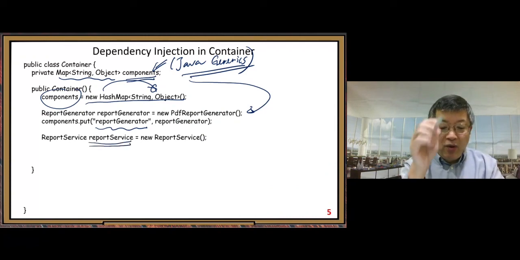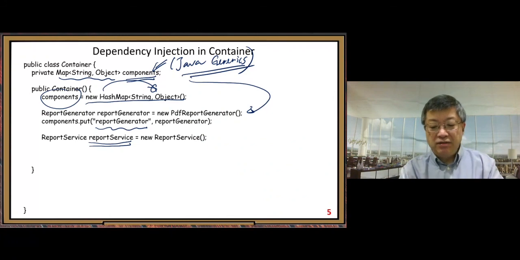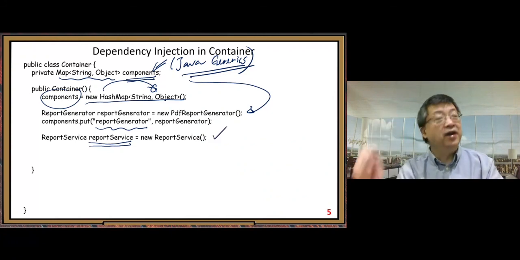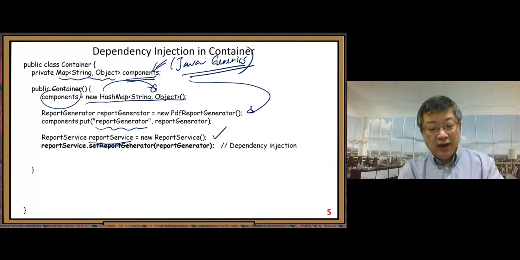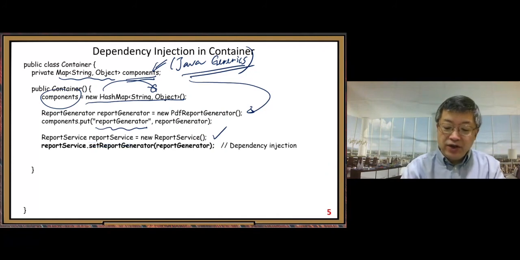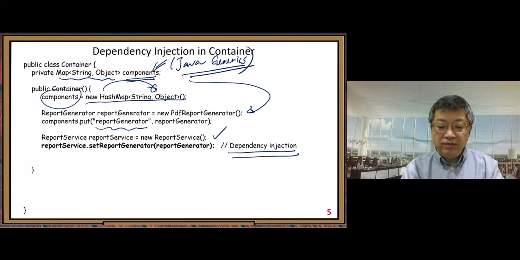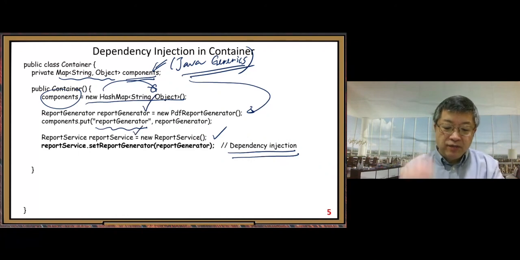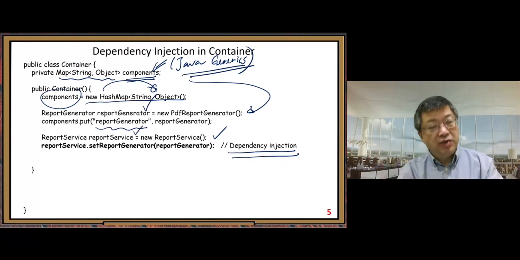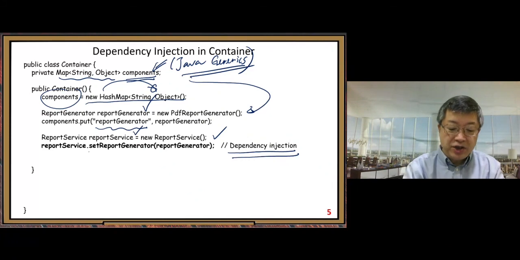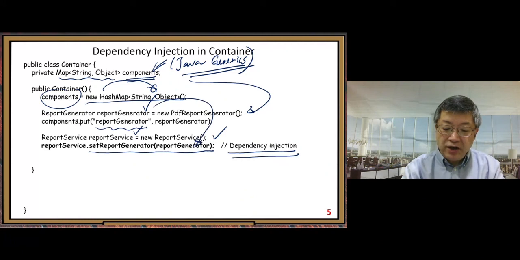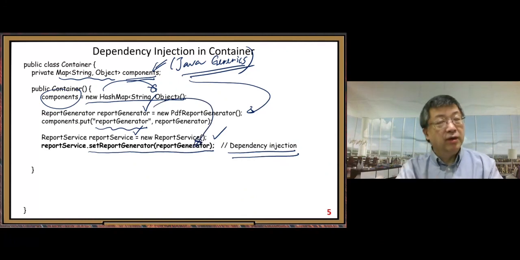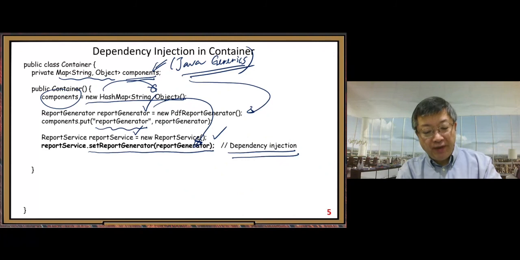You create your business service class and instantiate it in the container. After that, this is the dependency injection step. You have your dependency object, and you have your business service object. Then you call the setter. The dependency object is injected here, passed as the argument to this method.